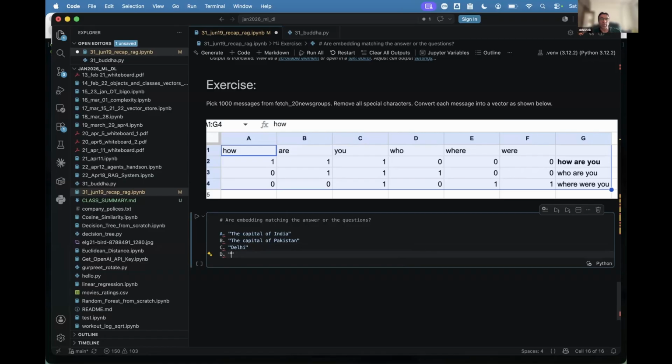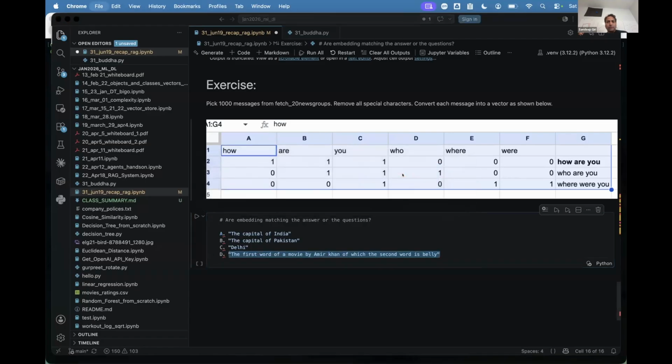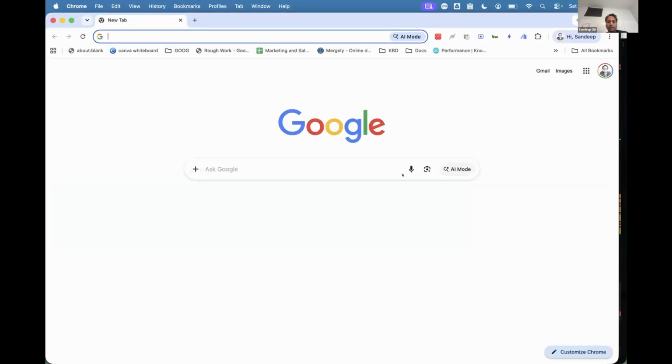Where is the parliament located? Where is the parliament? Anything else? Okay. The first word of a movie by Aamir Khan of which the second word is Bali, right?